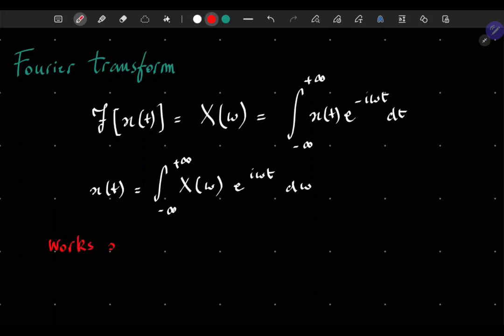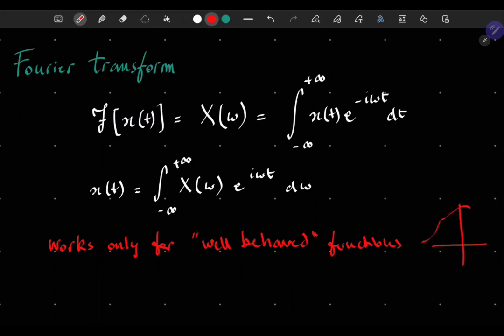Now, a note about this transform is that it works for, let's say, well-behaved functions, where this typically means that the function we are considering must go to 0 at minus infinity and plus infinity for this integral to make sense. So we'll have some function that goes to 0 on both sides.